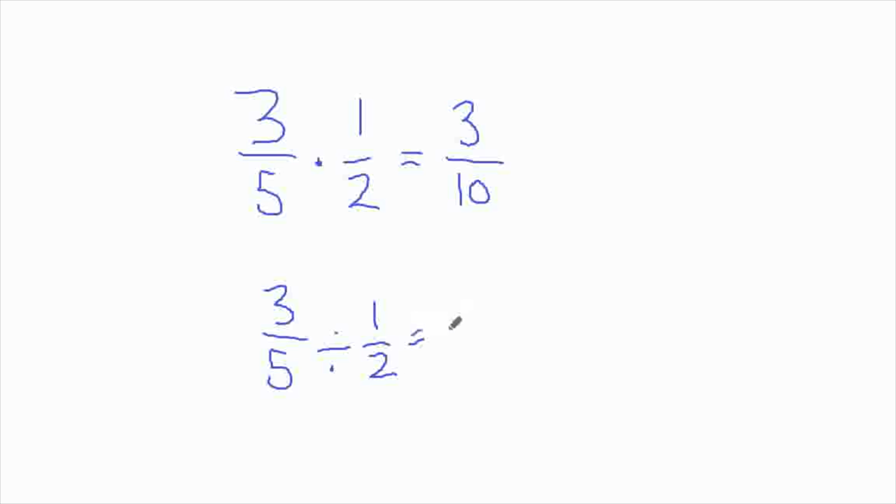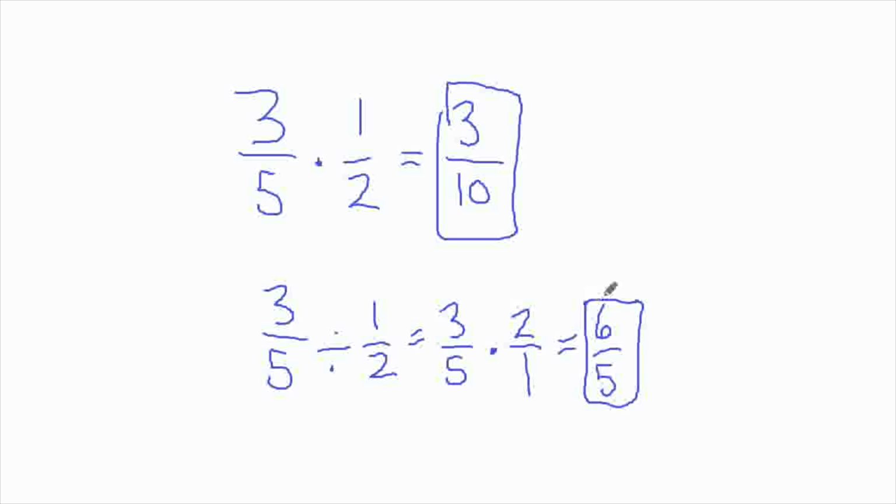So the bottom one becomes this multiplication. You see how I flipped the numbers, the 1 and the 2? Okay, and then once you do that, you can simply do multiplication, and that's what you get for that answer. All right, so let me give you a few simple fraction practice example problems, and then we will close.